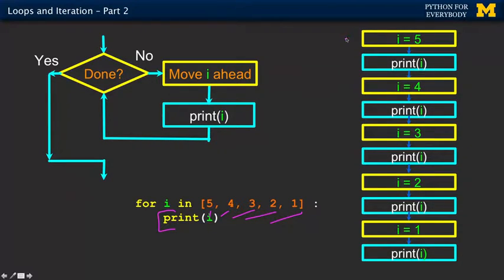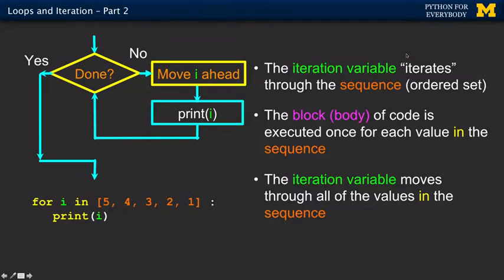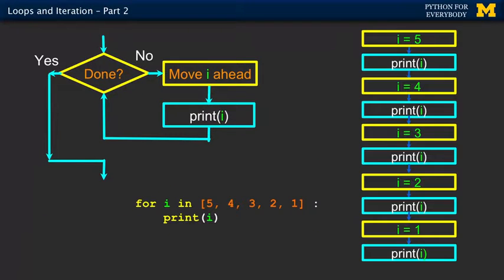So you hardly know the difference between it saying I equals 5, print I, equals 4, print I, equals 3, print I, equals 2, print I, equals 1, print I. In a sense, this is what happens, meaning that the for loop is telling us how long we're going to run, and it's managing the successive values of I to make sure that our happy little line of code gets executed 5 times with the right value of I. That is the job of the for statement. The for statement takes care of all this for us. So that's one way to think about the for statement. Even though the other is a more common way to think about it, this is sort of equivalent. Think of those two things as equivalent.